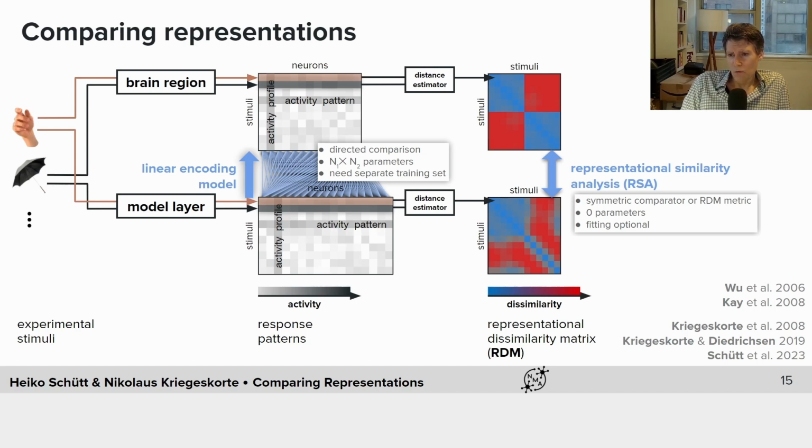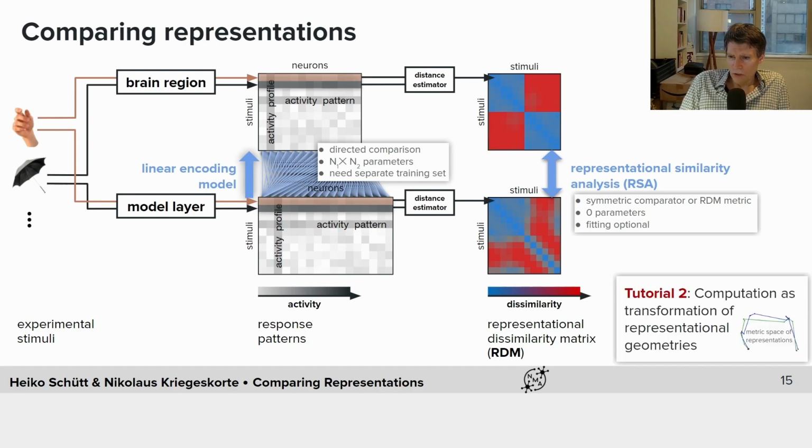So this is a zero parameter comparison that's possible here, and any fitting of model parameters is optional. So we don't have to fit parameters just to compare two representations. Although, of course, we could have parameters in the model that we adjust so as to make the model have a representation that's as similar as possible to the brain representation.